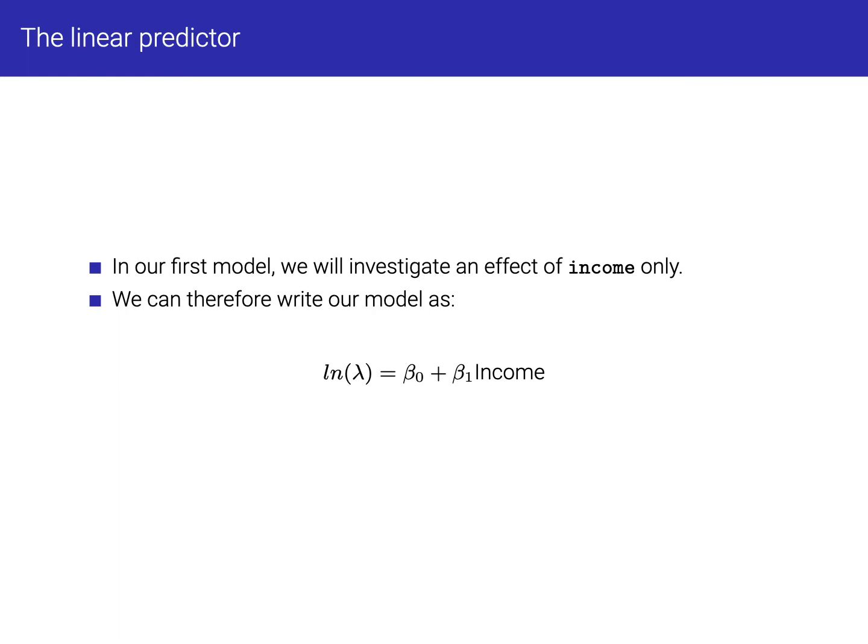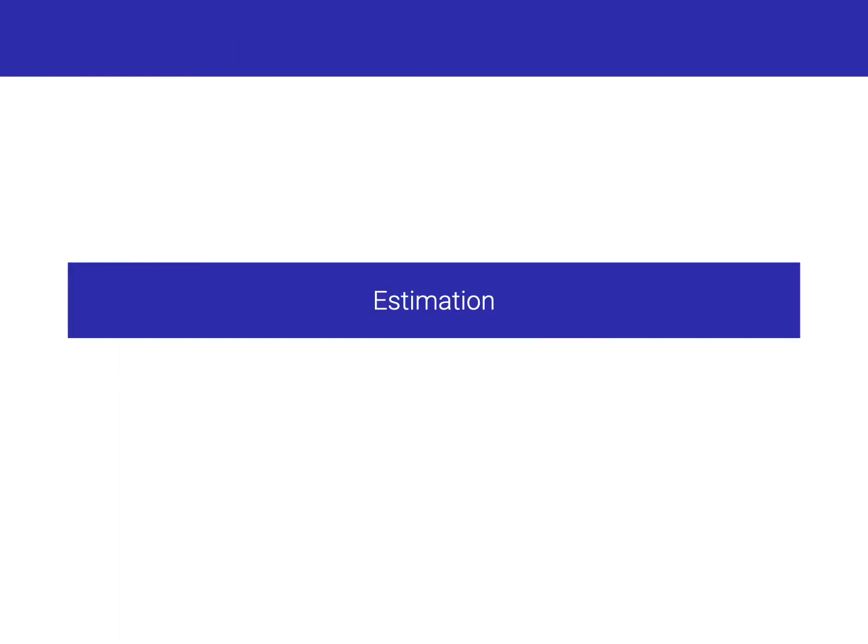Really, that's all there is to understand here: rather than predict the rate directly, we will predict a function of the rate, and that function is the link function, the logarithm function. And of course, we define the distribution for education as a Poisson distribution. That's our model.